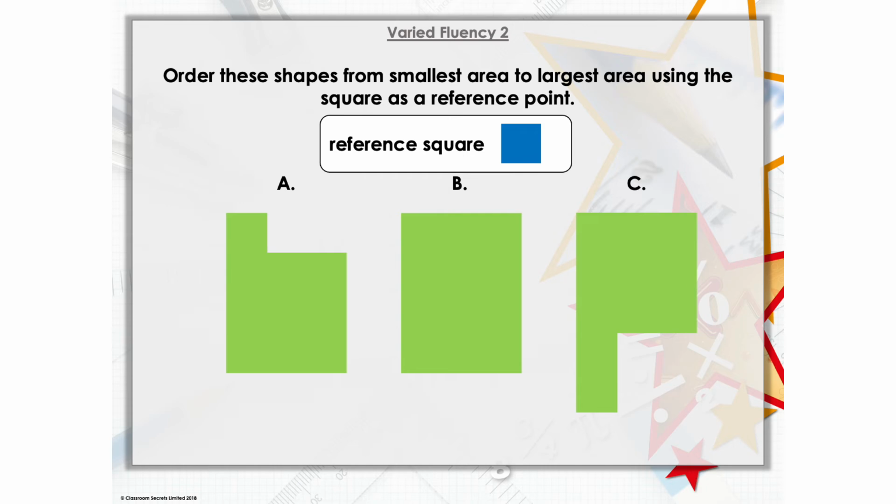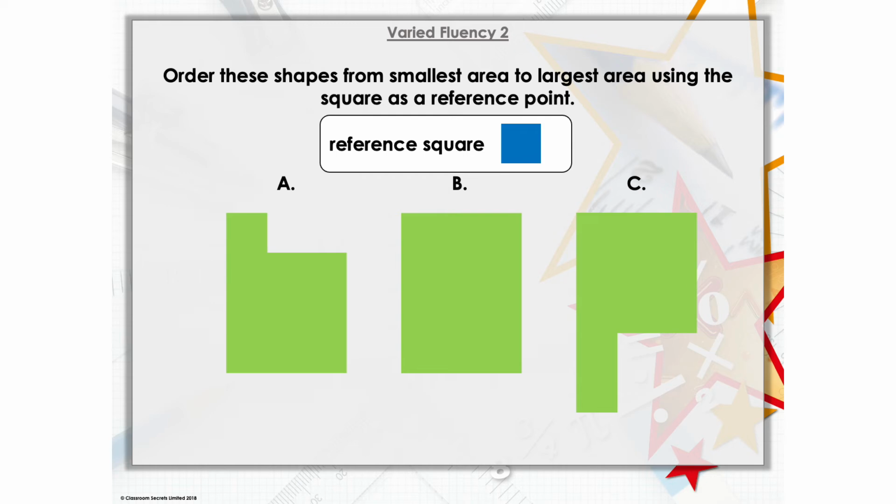Right, now what I would like you to do is to have a think. How many do you think is in A? How many do you think is in B? And how many of those blue squares would fit into C? Have a go. And then it's saying, can you order these shapes from the smallest area to the largest area?